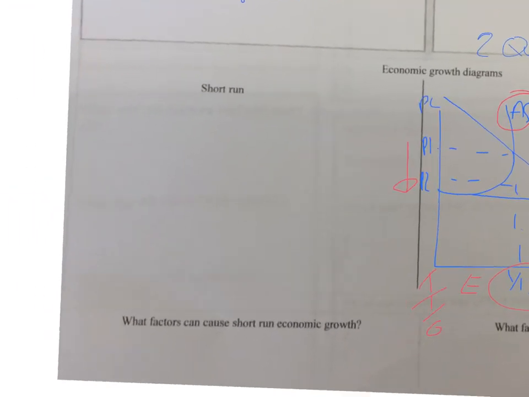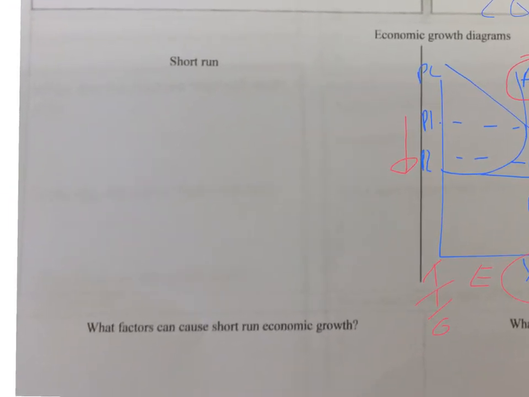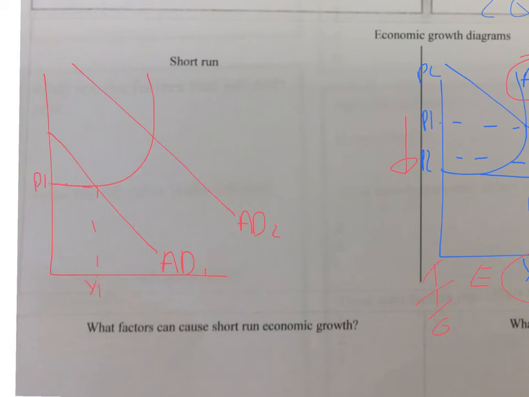Right, now we're going to short-run economic growth. Short-run economic growth is not as good as long-run economic growth. First of all, I'm just going to show how it happens. It's when AD increases. I've fallen apart.